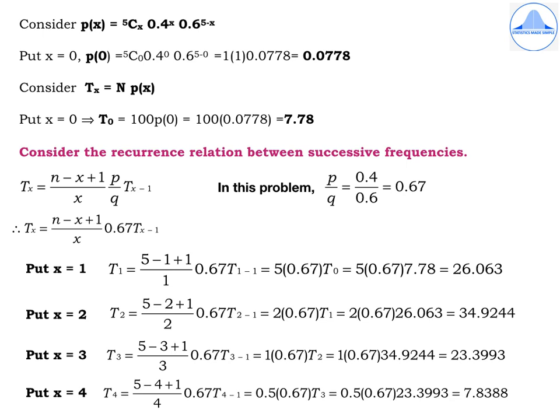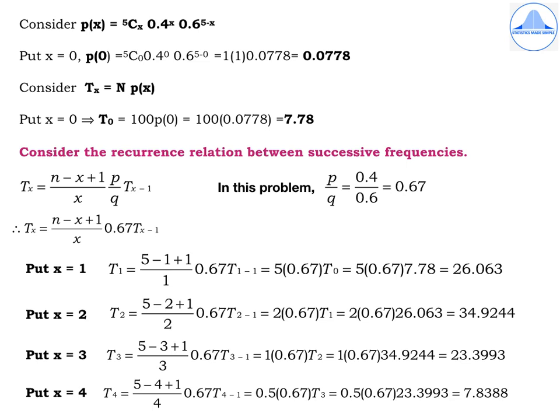Now to find out the remaining theoretical frequencies, that is T1, T2 up to T5, we'll use the recurrence relation between successive frequencies. So what is the formula? It is Tx equal to n minus x plus 1 by x, p divided by q, Tx minus 1.